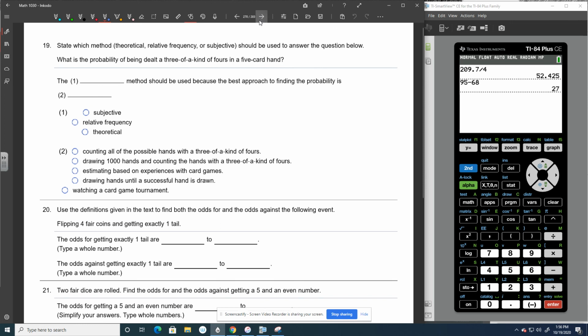Well, if I'm looking at the probability of getting a certain hand in a game, relative frequency, I wouldn't want to just keep dealing 5 cards and seeing what comes out to be the best. I also don't really want to use my experience. What are my chances? I want to use theoretical probability. In theory, what's going to be the probability of that happening?